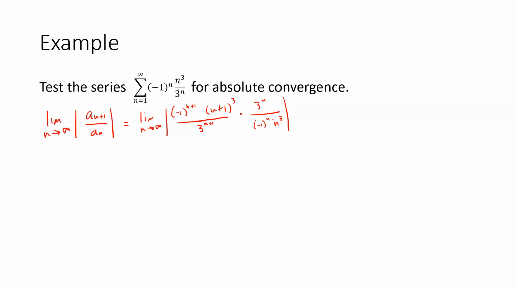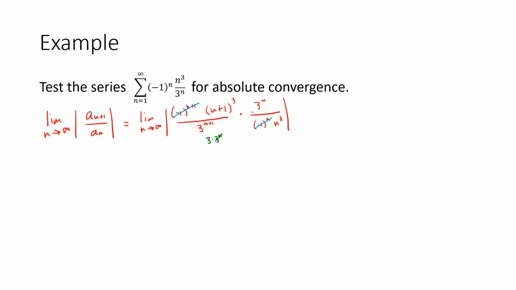And then let's see how this simplifies. One thing I noticed is that because it's in absolute values, these (-1)^n factors we can ignore. Those will go away because of the absolute value. And then here we can look at 3^n divided by 3^{n+1}. Think of 3^{n+1} as 3 times 3^n.